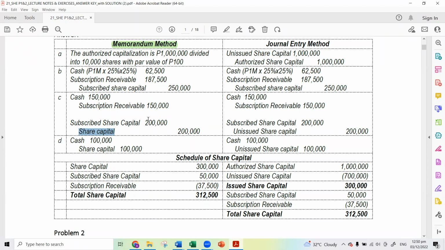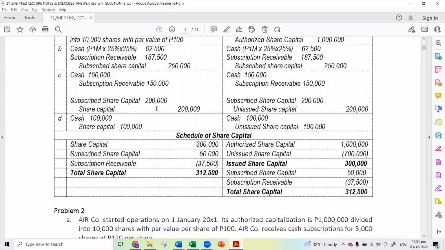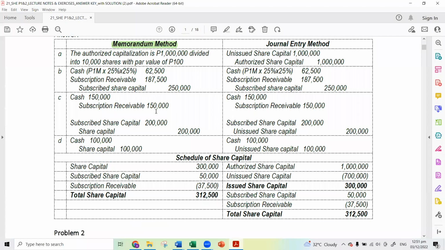Okay? And a certificate is issued here, and that is what you call the share certificate. Okay? So this is a document that evidences the ownership of the share. Okay? So if you will dissect this under the memo method, no, share capital is credited and the issued share capital is the account credited under the journal entry method.